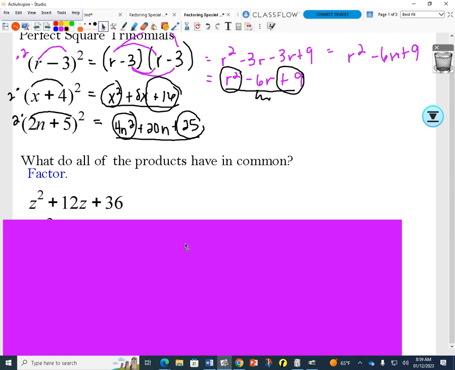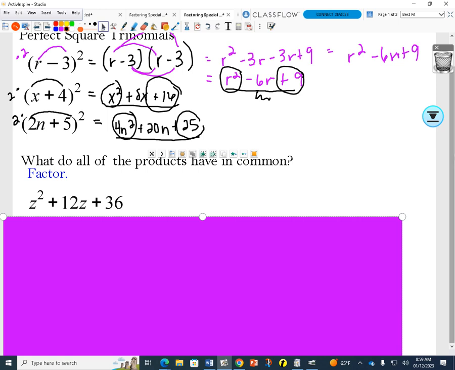Before we use the shortcut, we're going to check to see, is it a perfect square trinomial? If it's a perfect square trinomial, then we can use the shortcut to factor it. So let's see how this works.